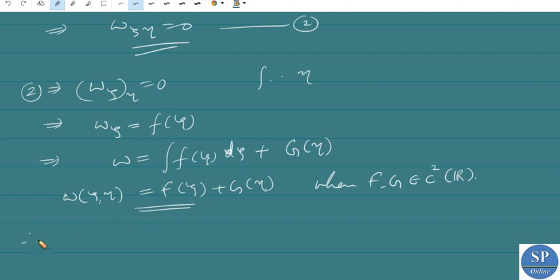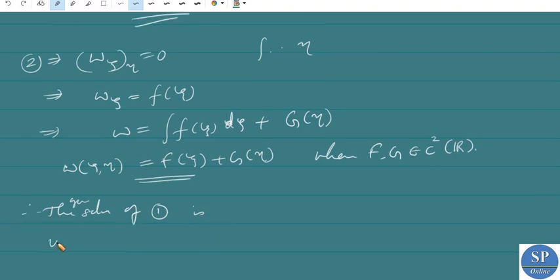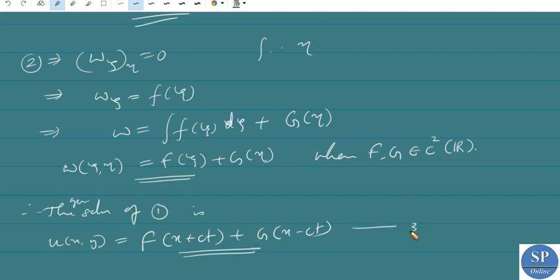So therefore the general solution of the one-dimensional wave equation 1 is given by u of x, t is equal to f of zeta, where zeta is x plus ct, plus g of eta, where eta is x minus ct. Okay, so this is the general solution of the given one-dimensional wave equation.